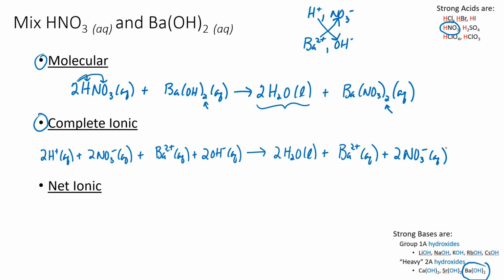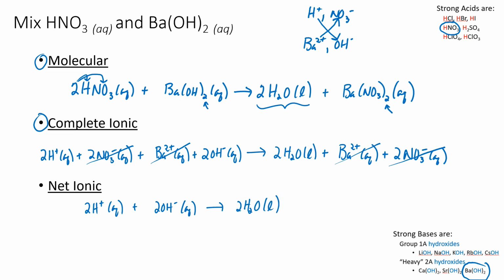Now we'll cancel out our spectators. I'm seeing barium on the left, barium on the right, and I'm seeing nitrate on the left and nitrate on the right. So the net ionic is 2H plus, 2OH yields 2 waters.